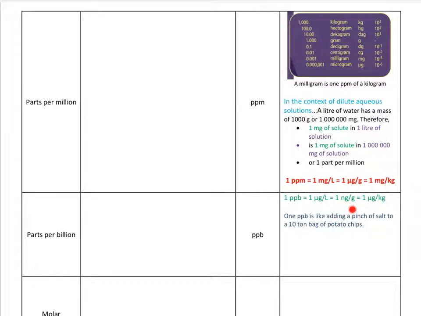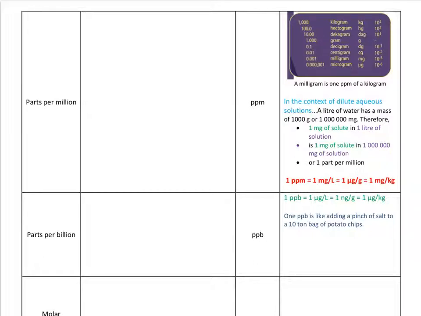The nanogram per gram, you're probably never going to use that, but it's there so you see it. Again, the key ones that you want to know that are equivalent to 1 part per billion are 1 microgram per liter and 1 microgram per kilogram. And just to give a little more context about just how small a part per billion is, if you add a pinch of salt to a 10-ton bag of potato chips, that's like 1 part per billion.